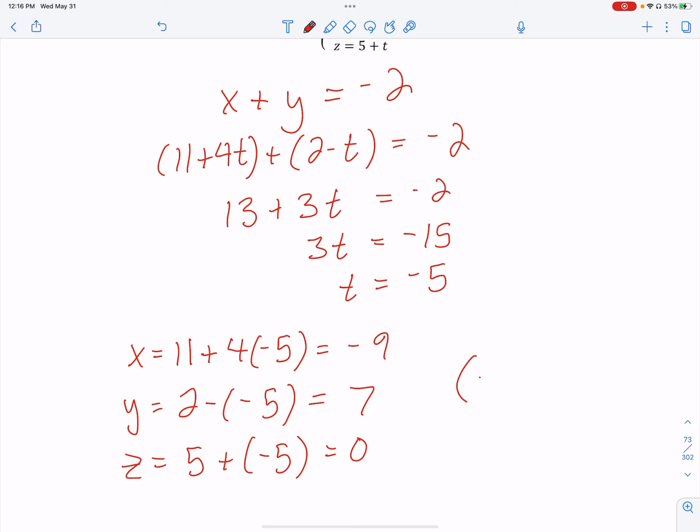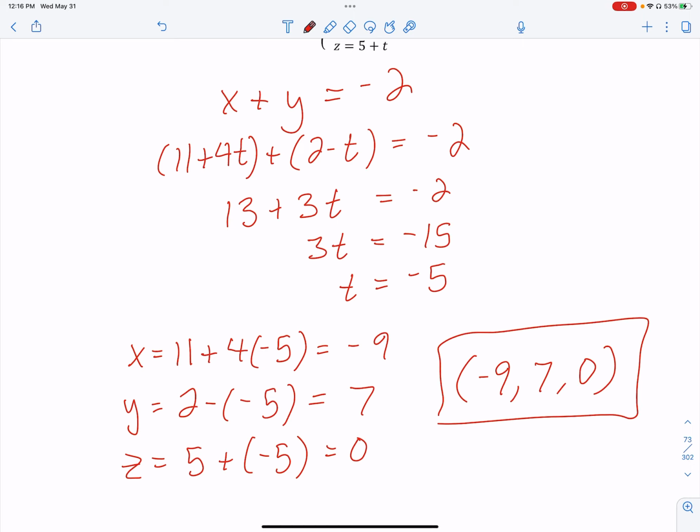So the point of intersection for our line and our plane is (-9, 7, 0). So we just plug it in, find t, and then plug it into our line to actually get the point. All right, and that covers that.